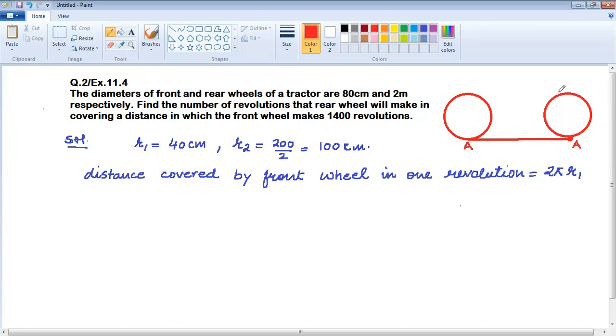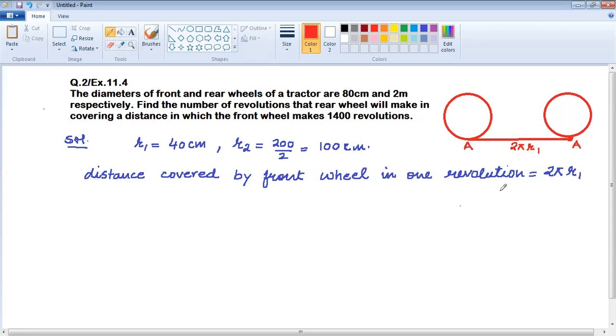So this complete round when it takes, so this wheel covers a distance, this much distance it covers, and this much distance would be equal to circumference of the wheel, this whole circumference of the wheel.